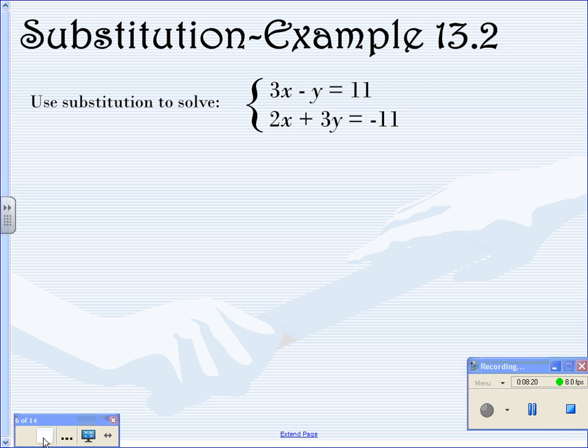Okay, does someone want to go show what their y would equal? No, just show what y would equal. What would you be substituting in? Do you agree there?